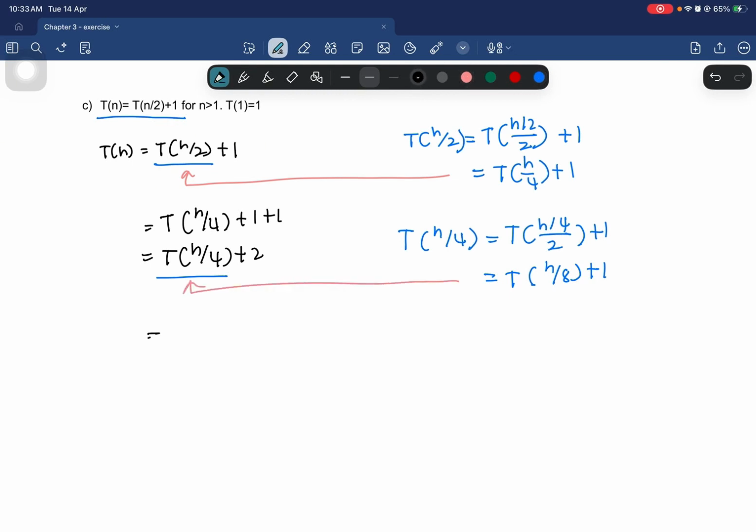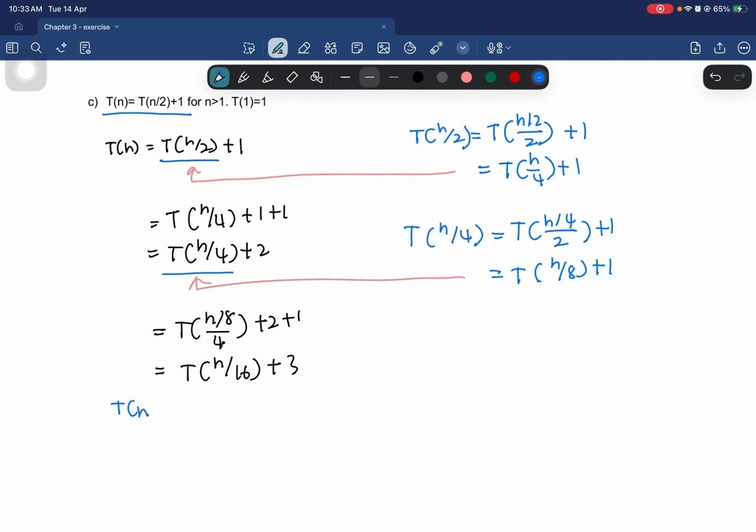Then we simplify, it will be T of n over 8 plus 3. Then we will get T of n over 16 plus 4. So we can simplify this: T of n equal to T of n over 2 to the k plus k.